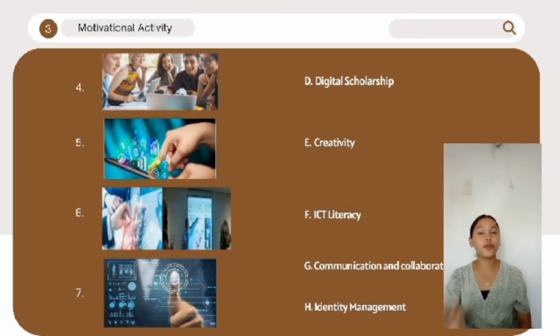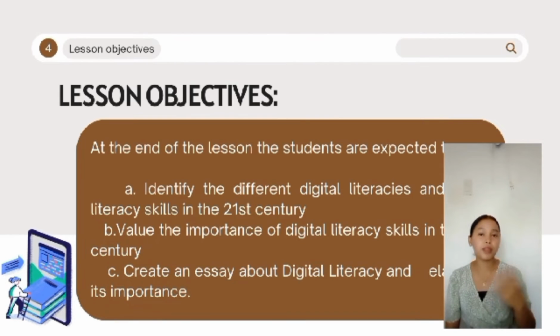And so, for this topic, we have 3 objectives. Please read, everyone. Yes, very good. So at the end of the lesson, the students are expected to: A, identify digital literacy and the different literacy skills in the 21st century.